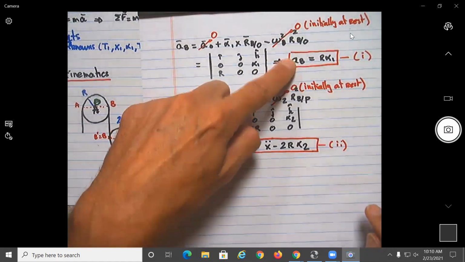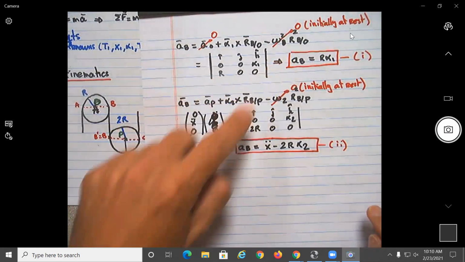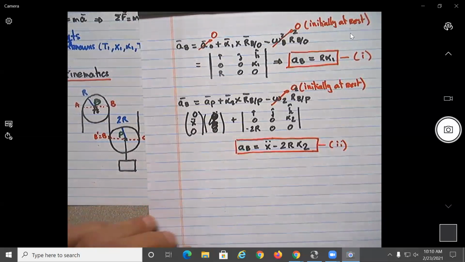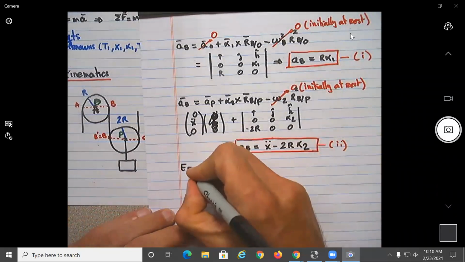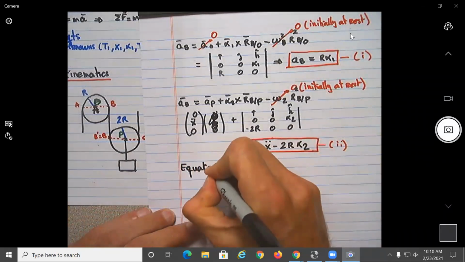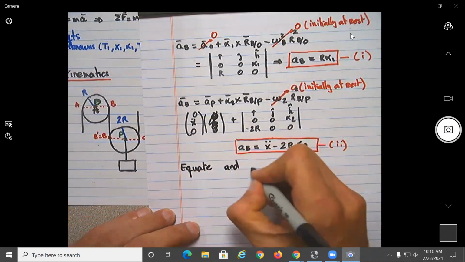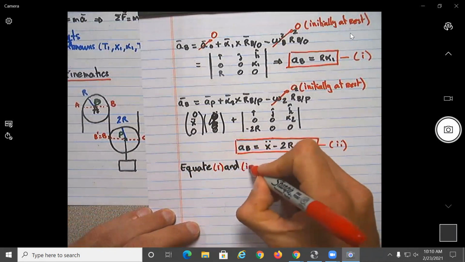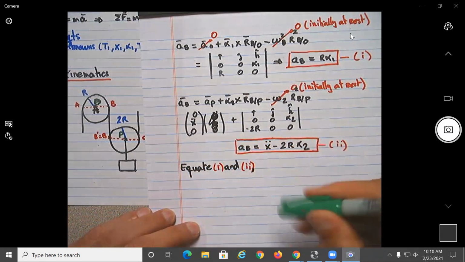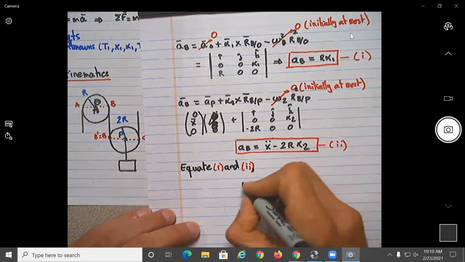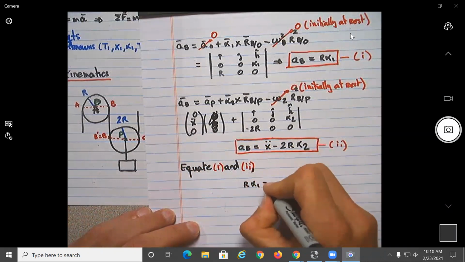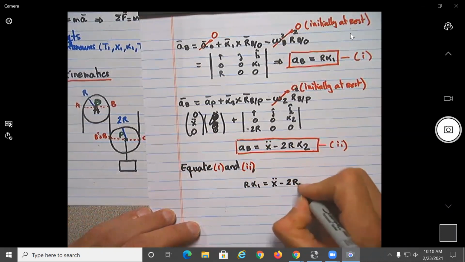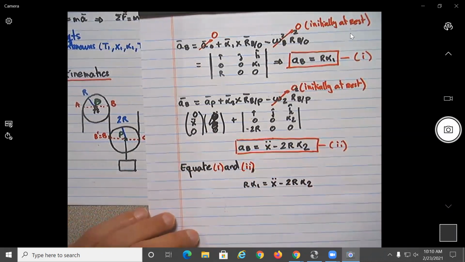So this one here is specified about the same point, no? Yeah. So we could equate those two relations, and that will give you R alpha 1 equal to x double dot minus 2R alpha 2.